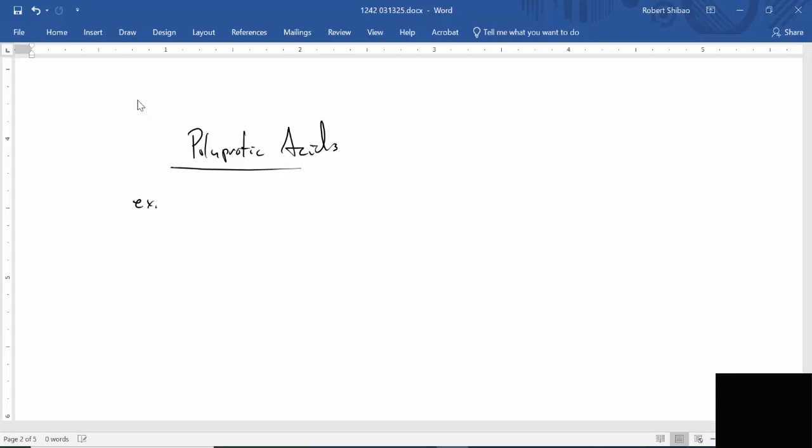Let's look at some polyprotic acids. Polyprotic acids, what we want to look at are all hydronium producers. Actually, maybe I need to talk about one more thing before I go to polyprotic acids.